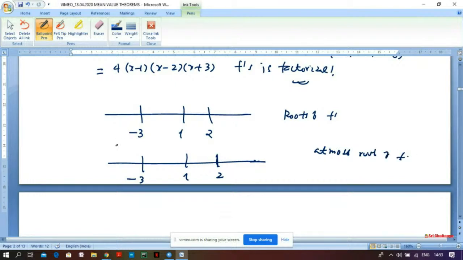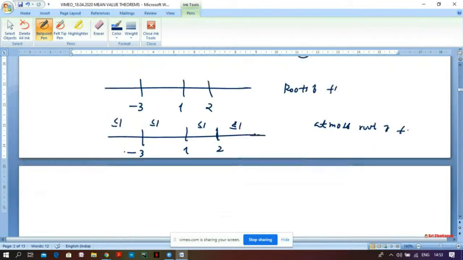Means either no roots or exactly 1. Only these two possibilities.